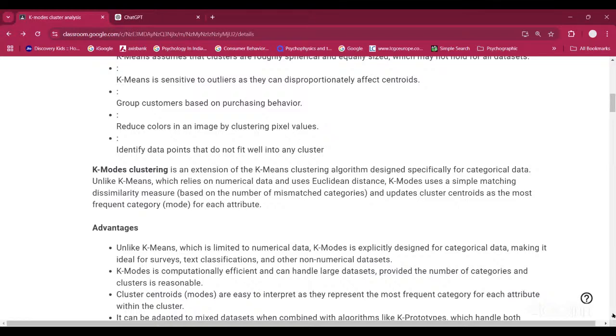K-modes follows the frequencies, but k-means follows the central tendency, specifically the mean. That means the number of classifications will be based upon the mean differences.